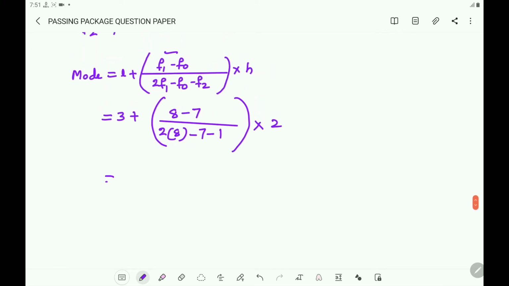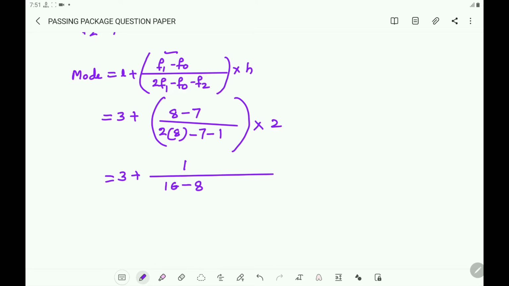Then you write 3 plus, write this 3 as it is, and 8 minus 7 is 1. 2 eights are 16, and the sum of minus 7 and minus 1: they have the same sign, so add them and put the same sign.